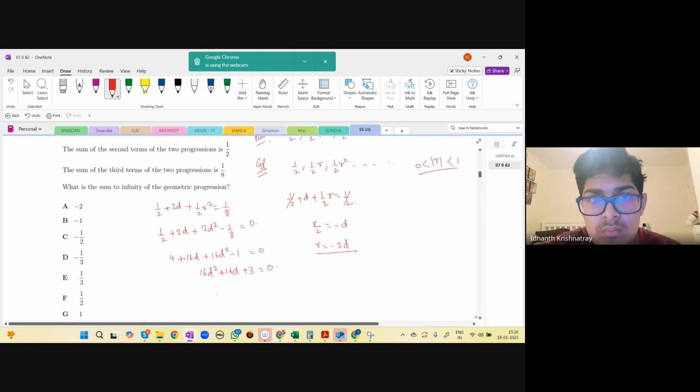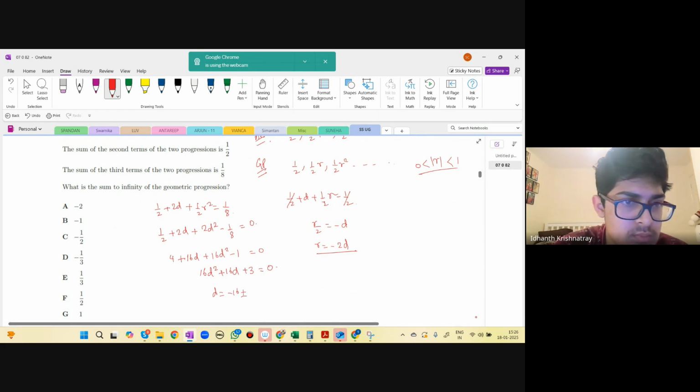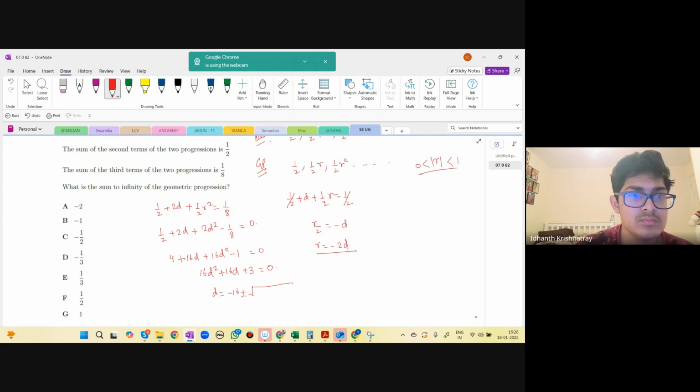So D will be minus 16 plus minus root over of 256 minus 64 into 3, 12, 12 into 16, 192, by 32. So this is 256 minus 192, 64.